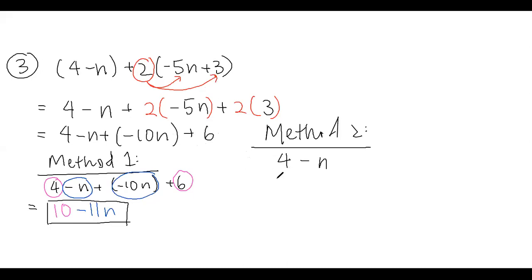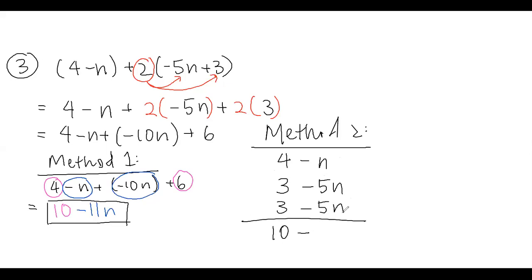Okay. So negative 5n plus 3, I'm going to line up the constants. So 3 goes here. Minus 5n goes there, because they're the same thing. Okay, I want 2 of them. Add them all together. 4 plus 3 is 7. 7 plus 3, 10.